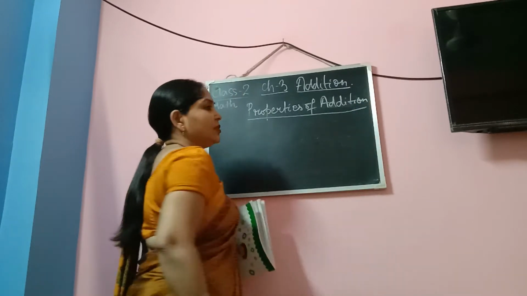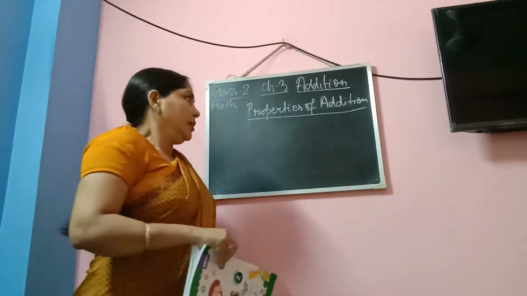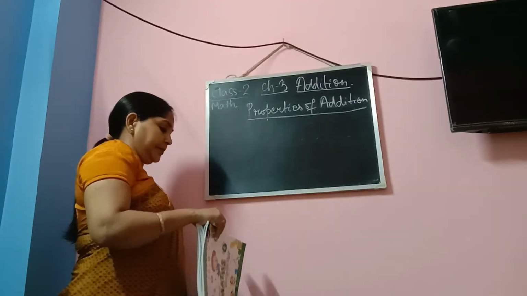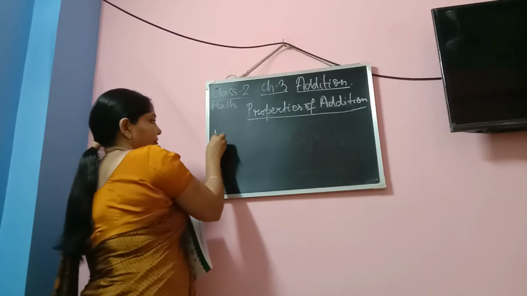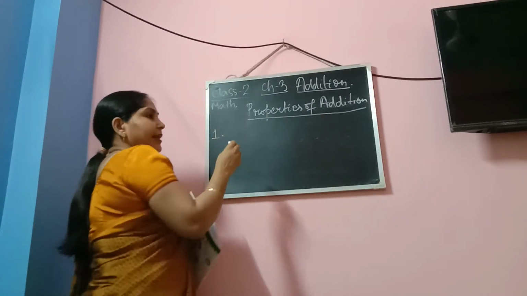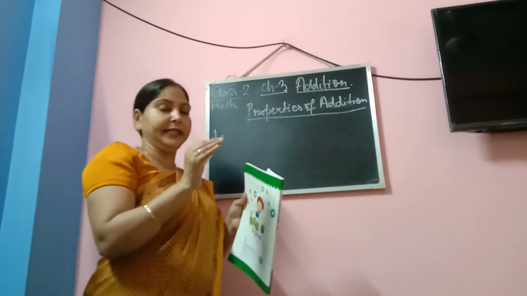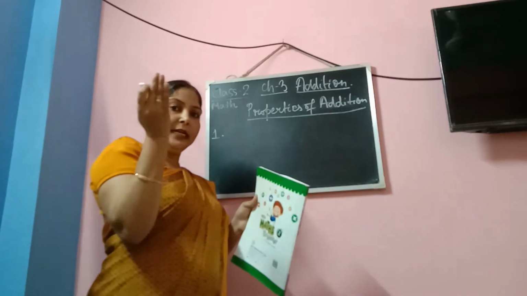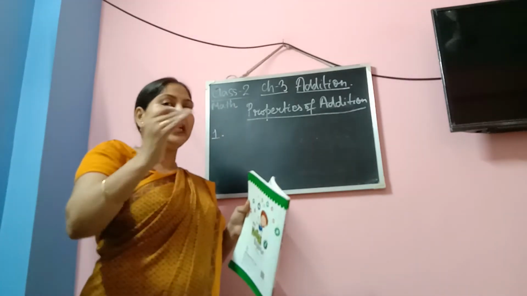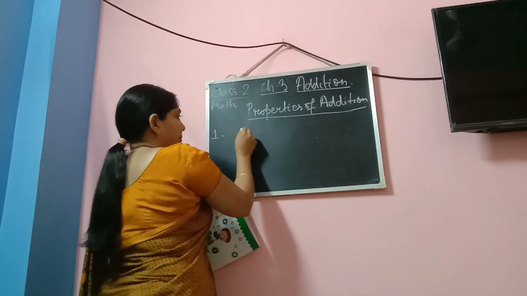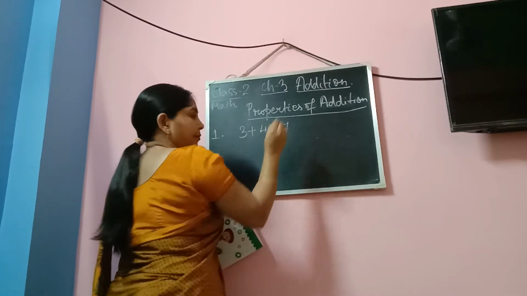Now what are the properties of addition? How do we understand them? The first property says that when any two numbers are added, and if the order of the numbers is changed, the sum does not change. That means the answer does not change. For example, 3 plus 4 is equal to 7.